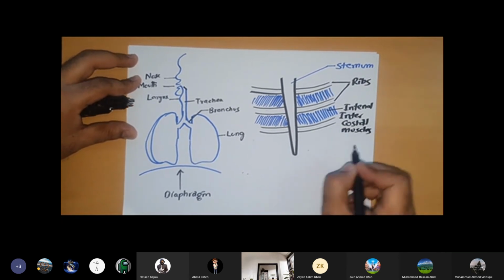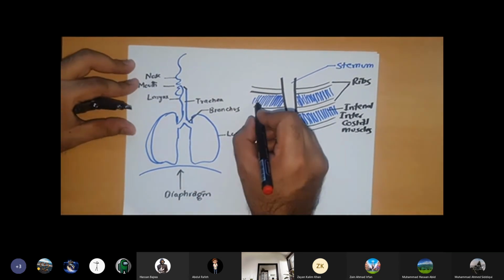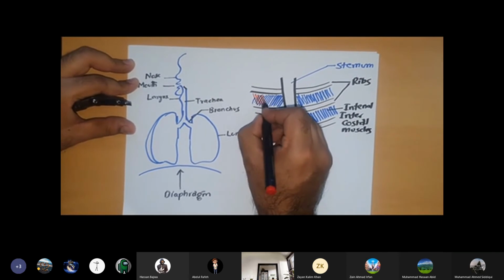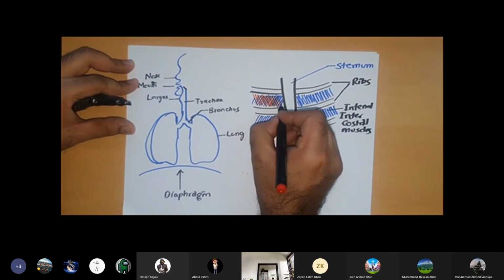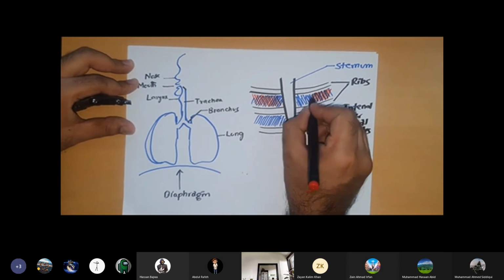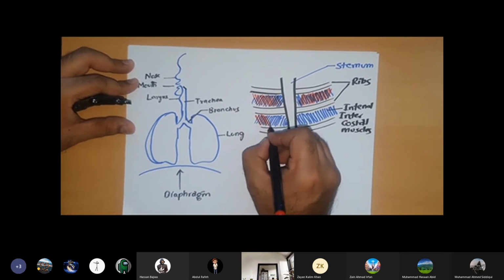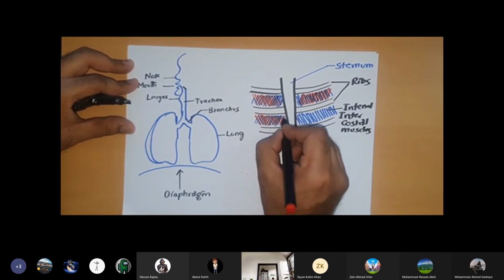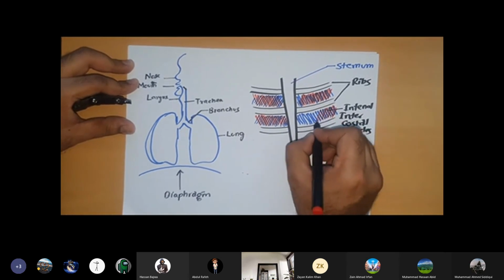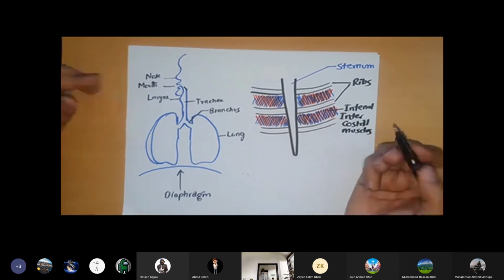Then above these, I'm showing them with the red color. These are the external intercostal muscles. Both of these muscles play a very important role in breathing in and breathing out.